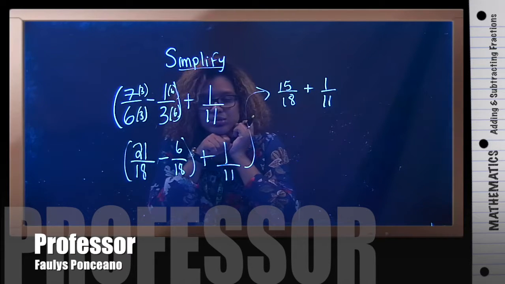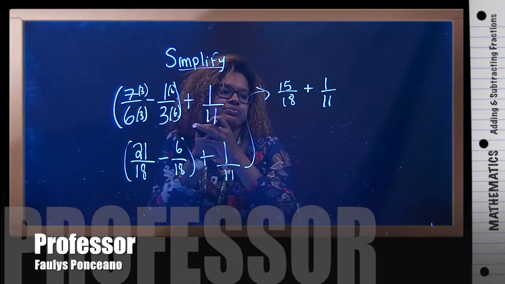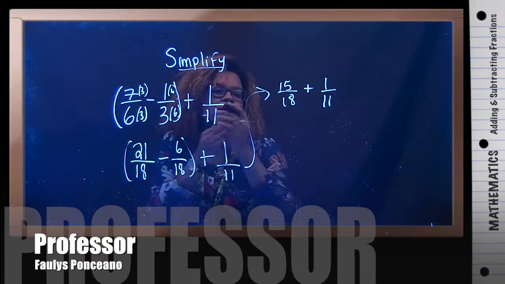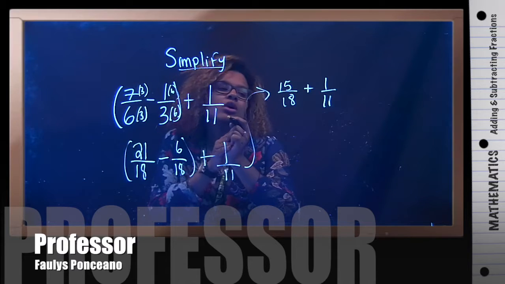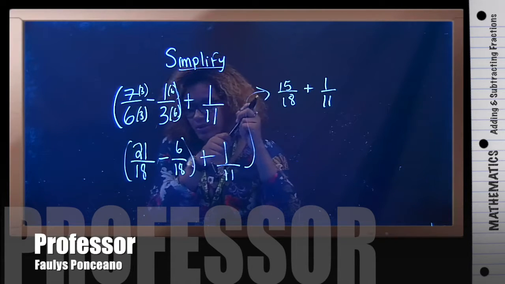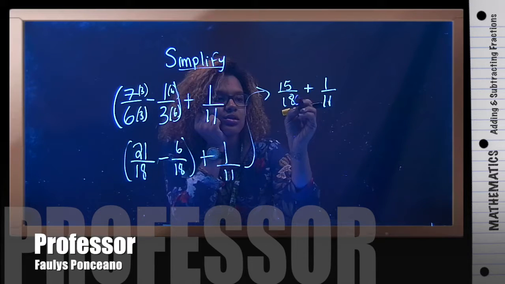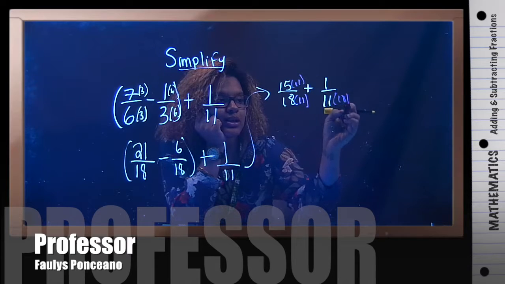Now I am going to simplify by adding. Between 18 and 11, what is my least common denominator? Well, the easiest way, if you don't see it, is to multiply 11 over here and multiply 18 over here.